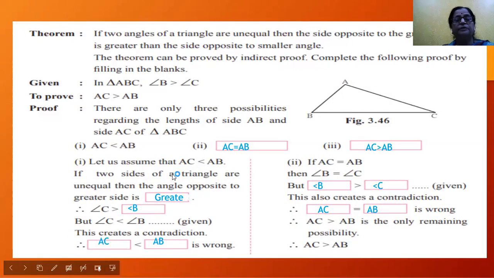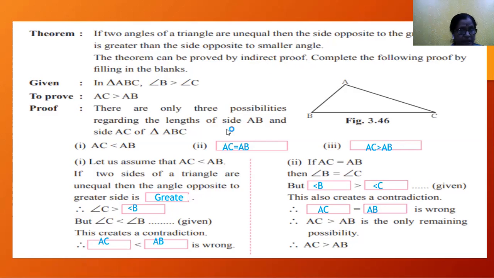In the next theorem, if two angles of a triangle are unequal, then the side opposite to the greater angle is greater than the side opposite to the smaller angle.